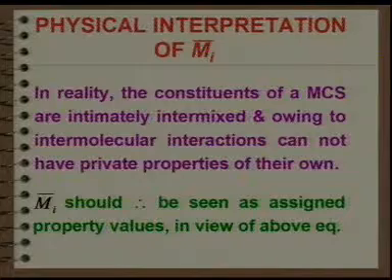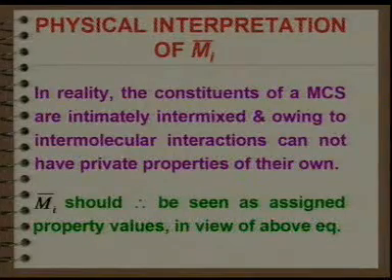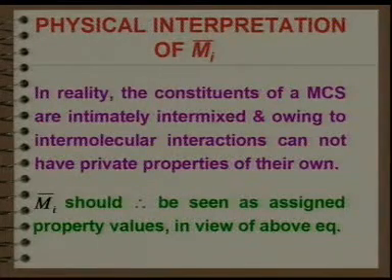Now, this relationship which we obtained between partial molar properties and the total property, we obtained by invoking the property of an extensive property. Now, what is the property of an extensive property? The extensive property is such that the value of the extensive property for two systems together is equal to the double of that for the individual.